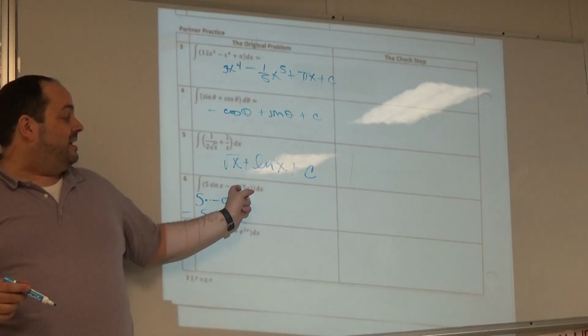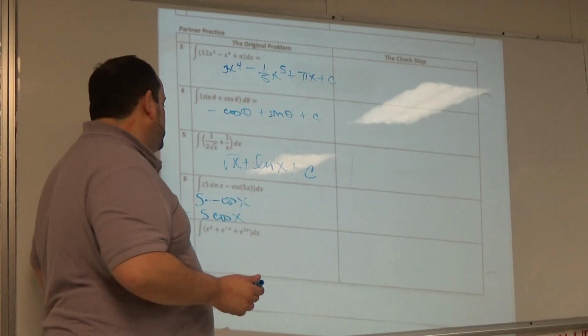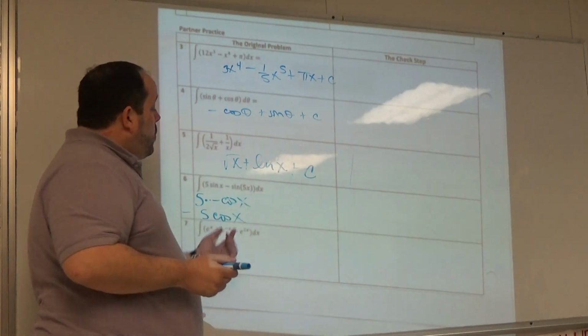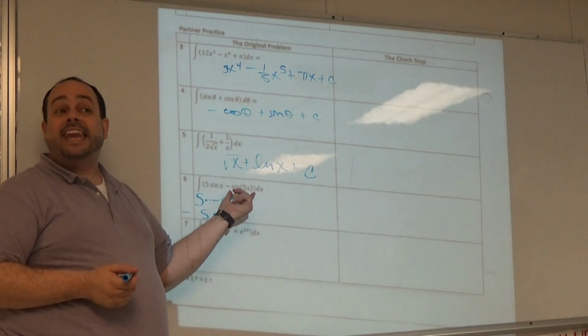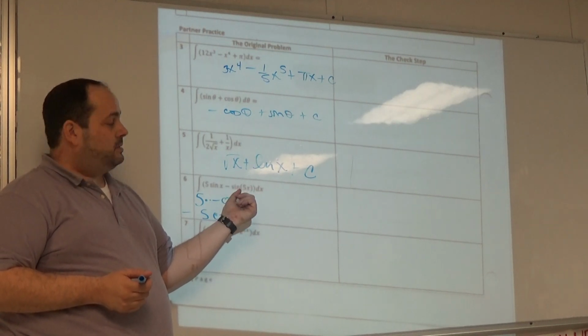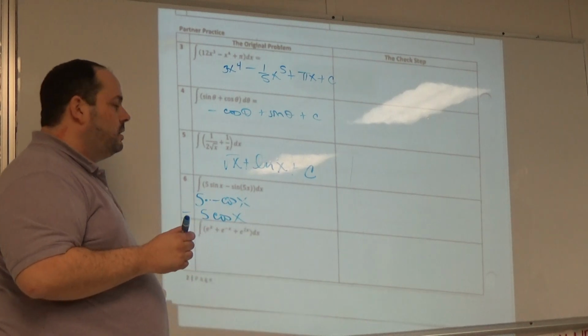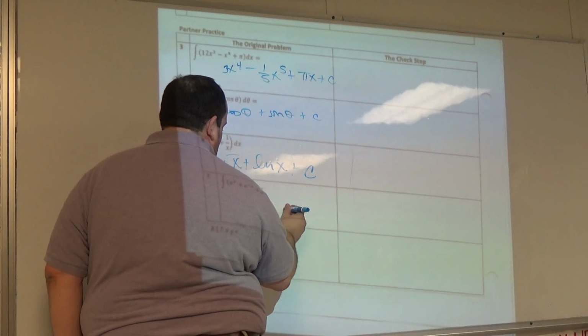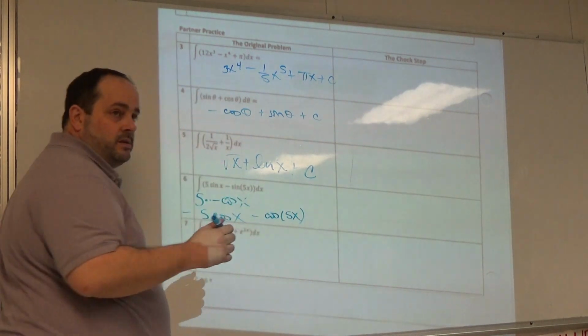If I'm going to get negative sine 5x, Rambeer, what's going to happen? You're gonna have to use the chain rule. I'm going to have to use a chain rule. What would I take the derivative of to get negative sine 5x? There are pieces that should be a little bit easy. Marvin? Negative cosine theta? Okay, so I've heard negative cosine of 5x.